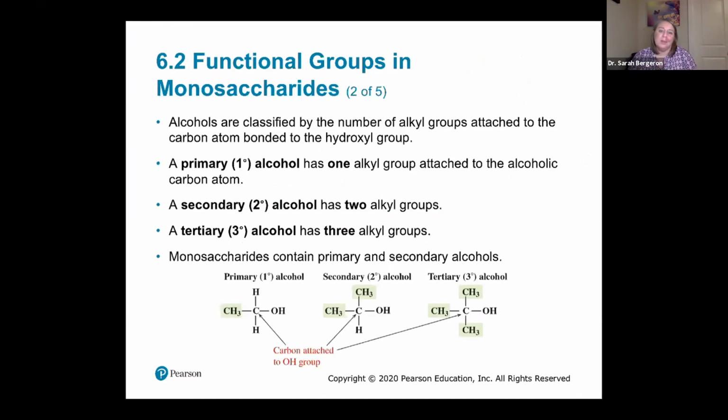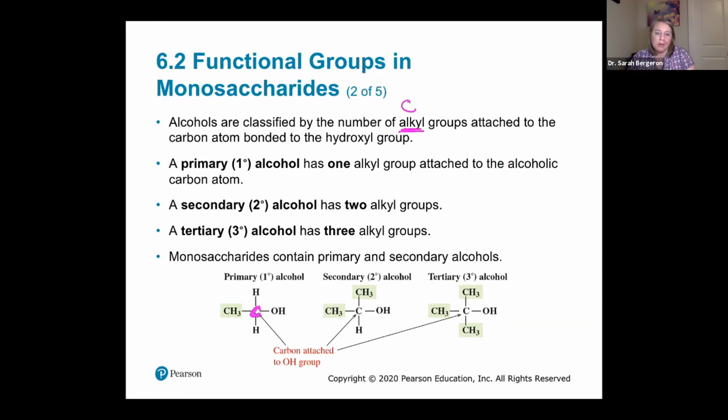Okay, so alcohols are classified depending on how many groups are attached to the carbon atom. And so we say alkyl groups, right? Because what's an alkyl group? It's something with a carbon in it, right? All right, so a primary alcohol has one alkyl group attached to the carbon. So here's our center carbon, right?